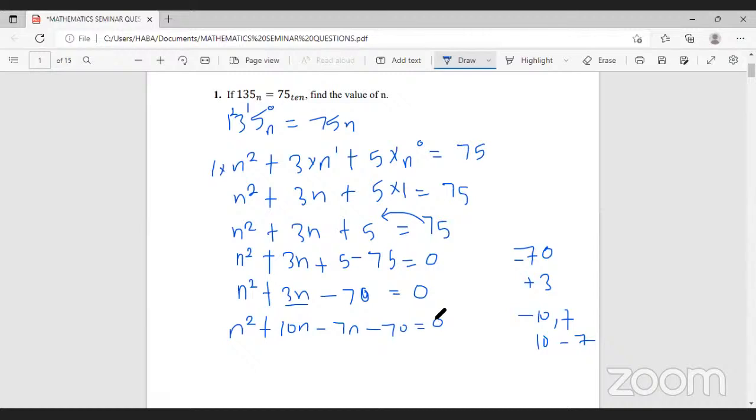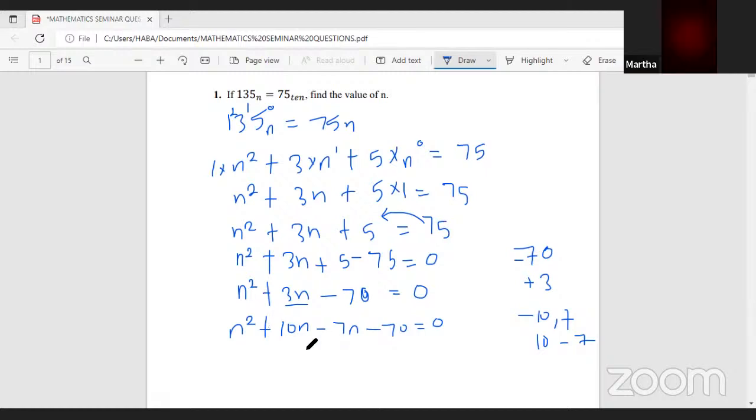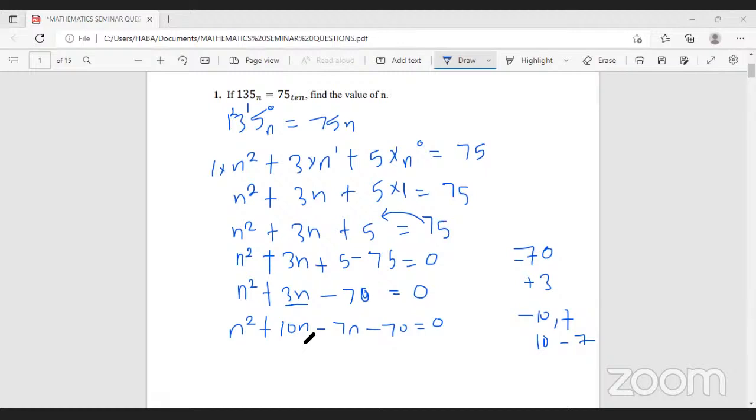I guess most of us have already covered these topics, so I would expect that we participate fully. We factorize. Okay, any other idea?